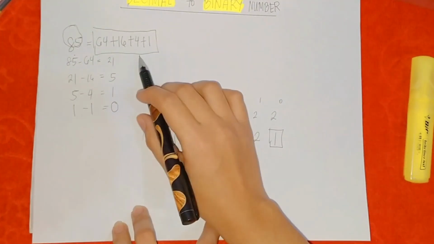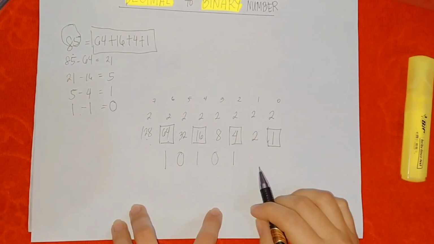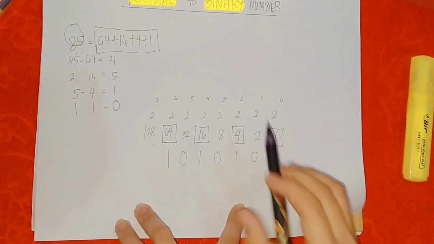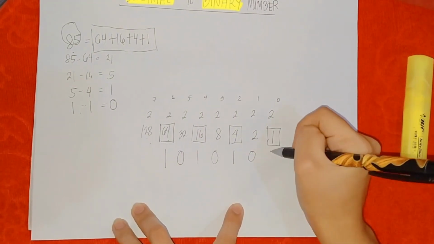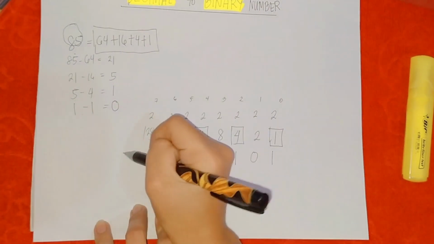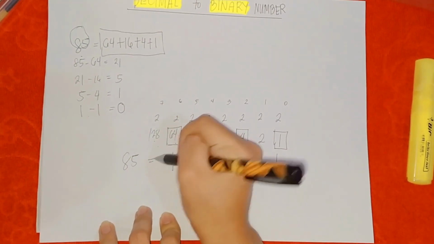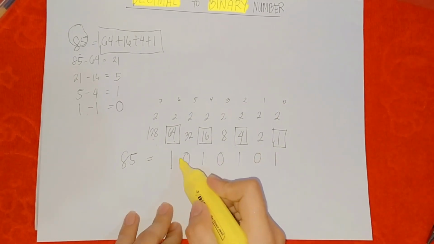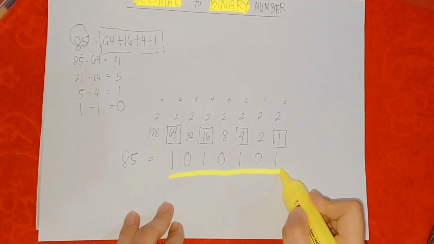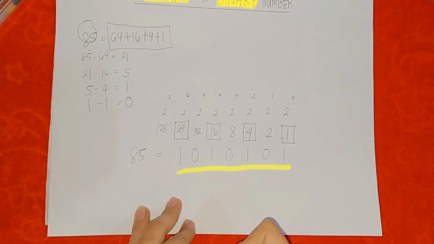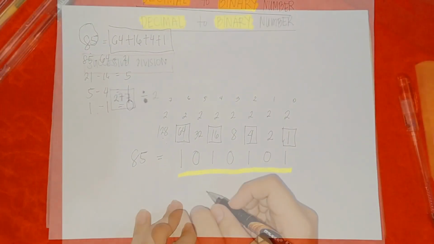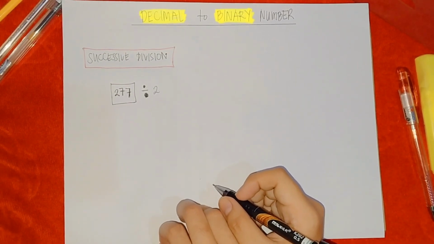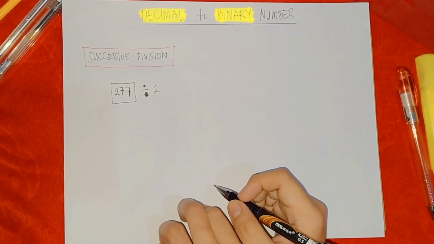We do have 4, so we put 1. But we don't have 2, so we put 0. And lastly, we have 1, so we put 1. Therefore, the decimal number 85 is equal to 1010101.